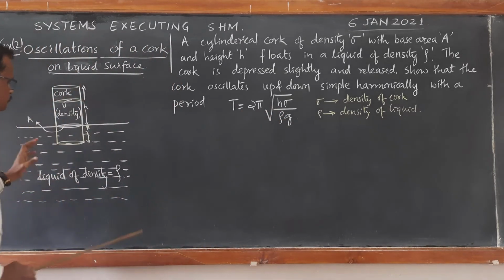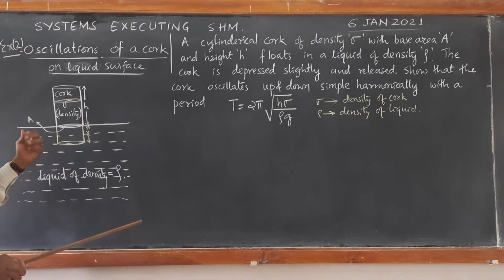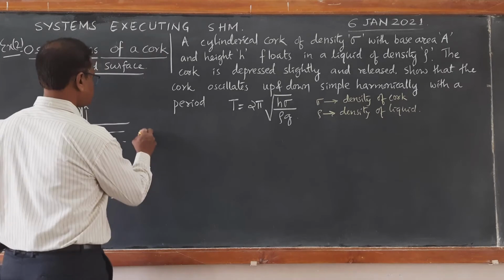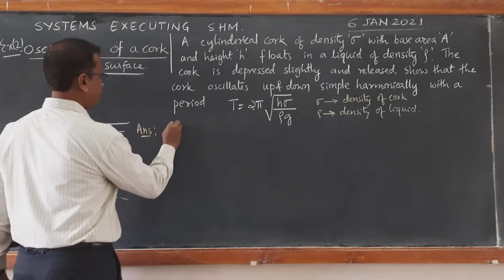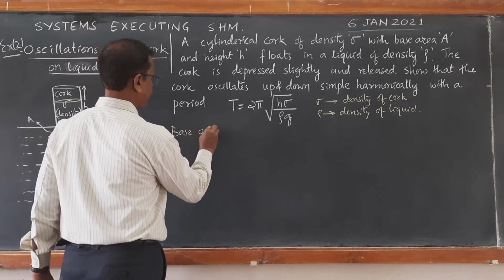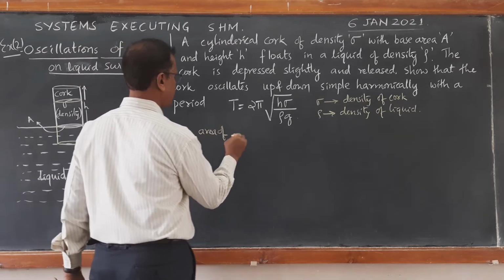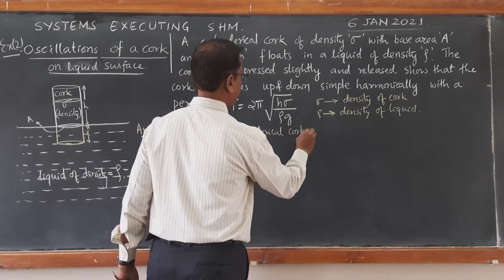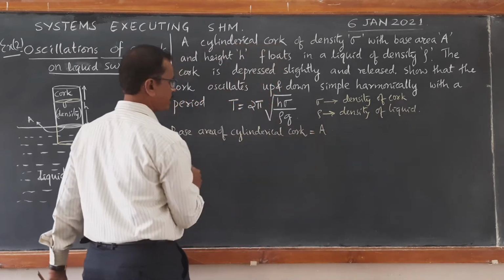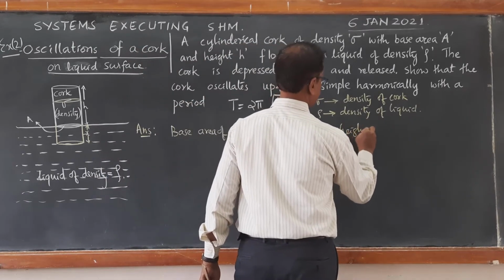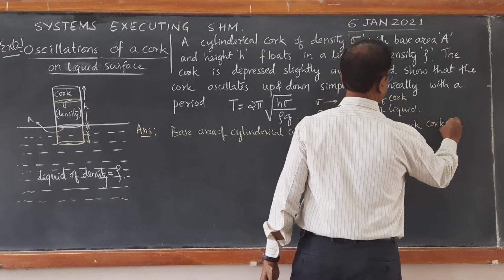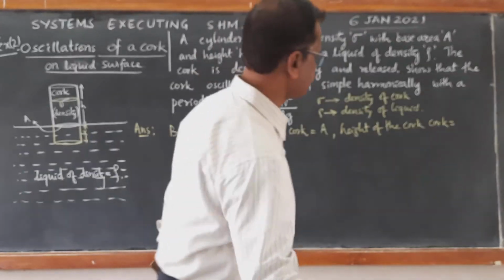Here, first we have to find the upthrust exerted on this cork when it is slightly depressed, right? So we write what is given. Base area of the cylindrical cork is A. Height of the cork is h.